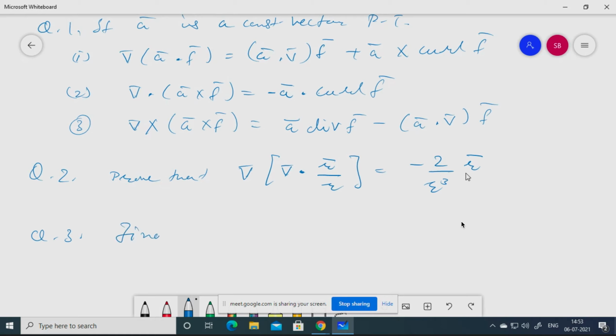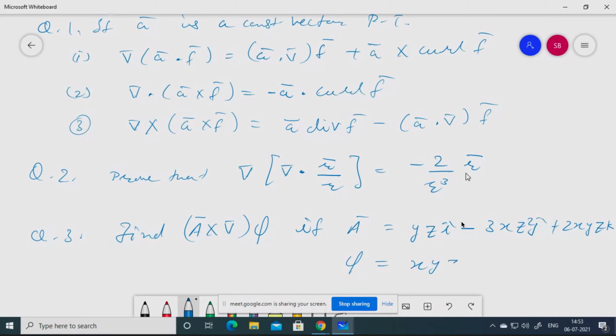Here you need to find A bar cross del into phi, if this is an operator A bar cross del, where A bar is y z square i minus 3x z square j plus 2xyz k, and phi is x into y into z. So you need to calculate the value of this thing.